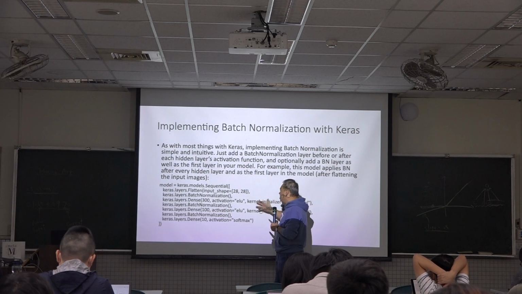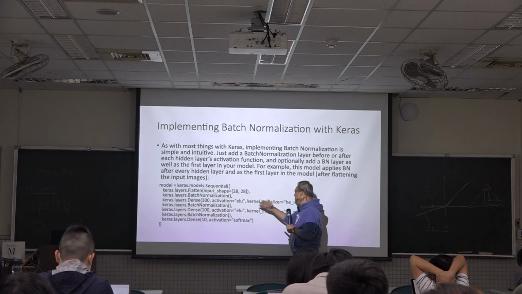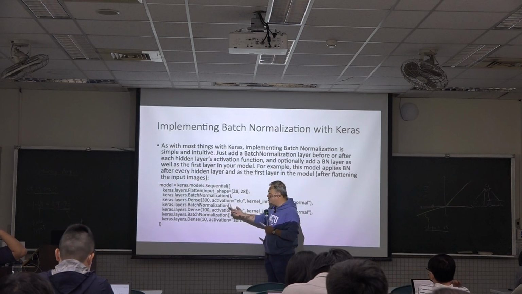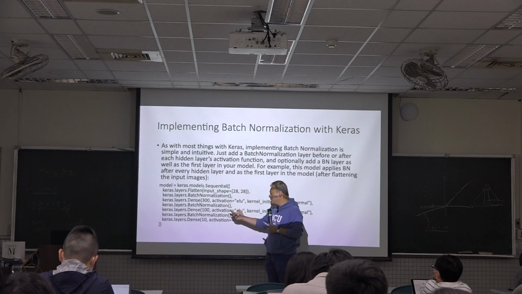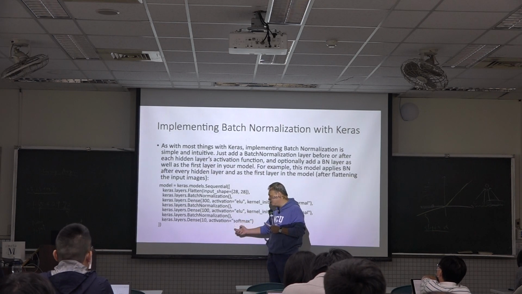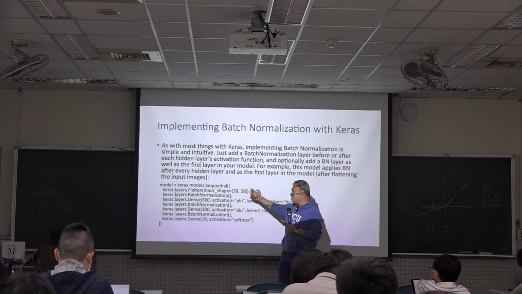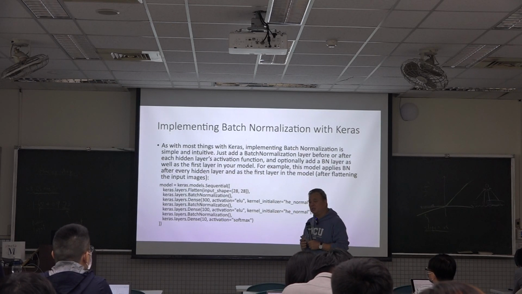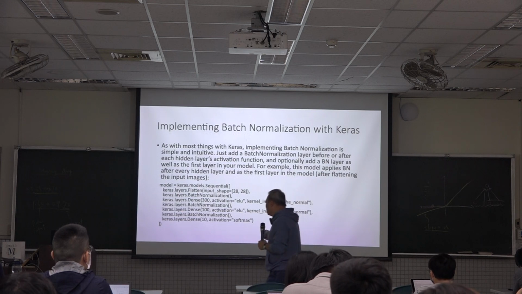And here we use ELU, and we use He normal initializer. And we have batch normalization again, and another dense layer, and another batch normalization, and then the output layer. So easy, right? Adding batch normalization is so easy in Keras.